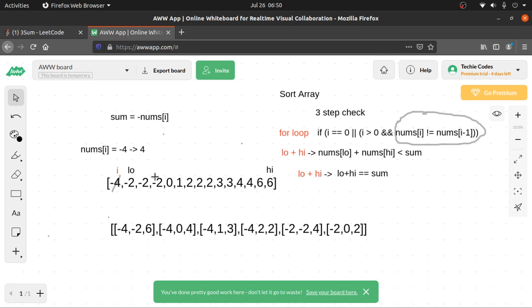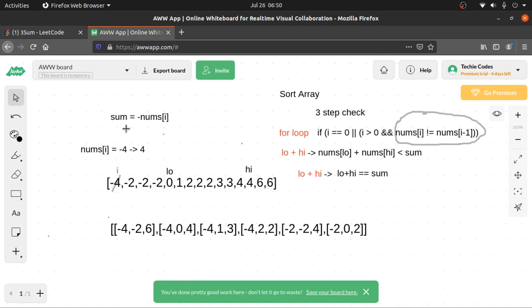So this time we check if low plus 1 is equal to low. So we are not checking the same minus 2 numbers over and over again, and we come to the 0. And we are not checking 6 over and over again, so we come to 4. Then we check again.